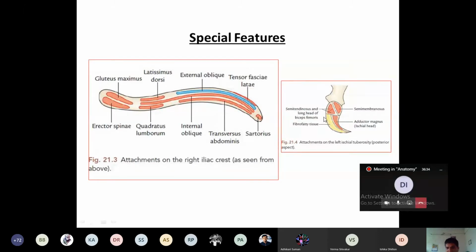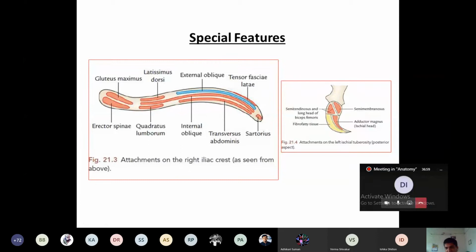First, you can divide it into two parts. See, this is the superolateral part for the semimembranosus, and the inferomedial part of the upper quadrangular area is for the origin of the semitendinosus. Along with the semitendinosus, there is origin of the long head of the biceps femoris.